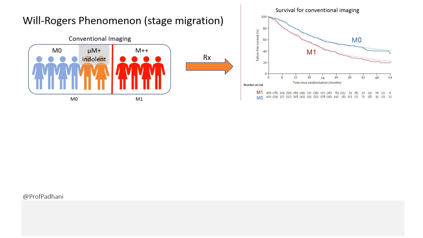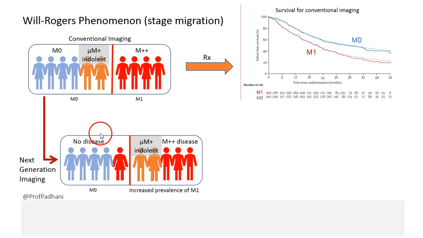You'll know that on conventional imaging, we divide patients into non-metastatic and metastatic, and if you treat them, these are the survival curves. Now, within the non-metastatic state, there are some people with microscopic metastases or even indolent disease, which get reclassified into the metastatic group if we use next generation imaging.